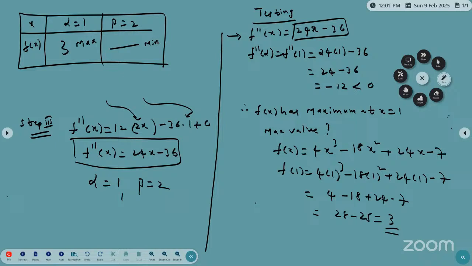Yes, I know everyone is waiting for the lunch, but within 1 minute, hardly within 2 minutes, we'll complete this. Almost we are at the end.